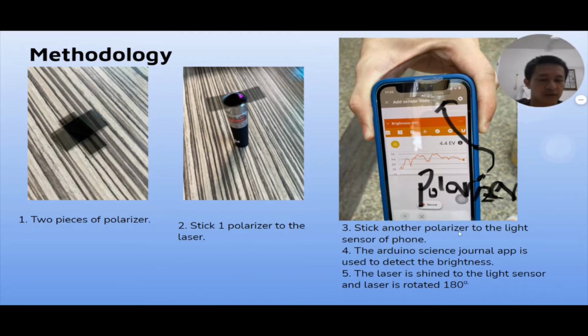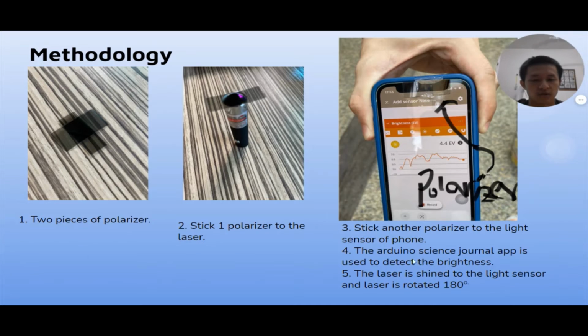And then we stick another polarizer to the light sensor of the phone. Here I stick the polarizer on the light sensor of the phone, which is near the front camera. And then we use the Arduino Science Journal app to detect the brightness, which is the light intensity of the laser.